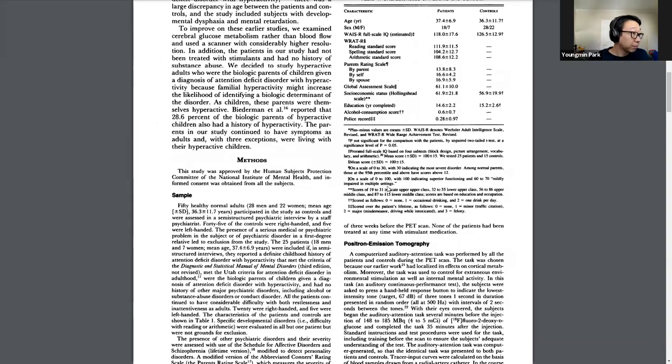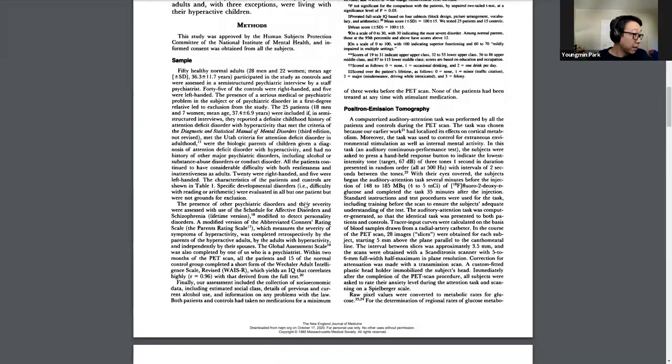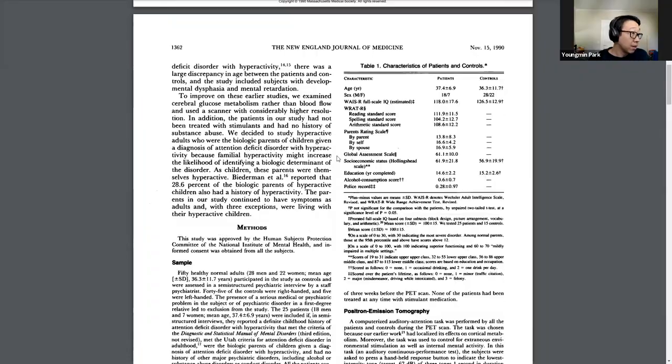Let's see. Then they take note of a ton of different things. So in this table, they note the age, sex, estimated IQ. They take reading, spelling, arithmetic tests. They rate their parents, self and spouse on the degree of ADHD, and things like education level, alcohol consumption, police record.